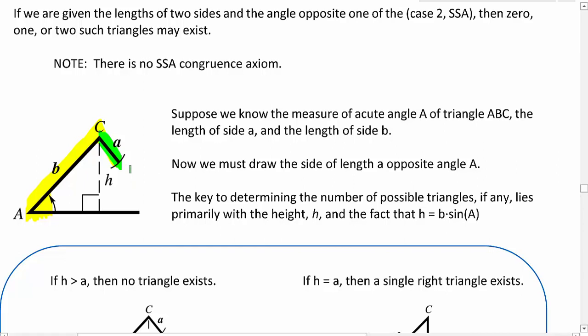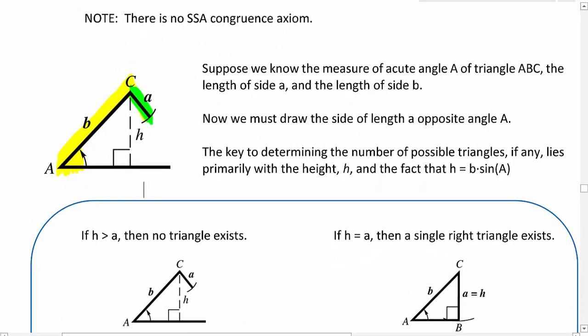The key to determining the number of possible triangles, 0, 1, or 2, lies primarily with the height of our triangle. Check this out. The shortest possible distance from our angle C down to this third side is a straight line. We know that's the shortest distance between any 2 points.